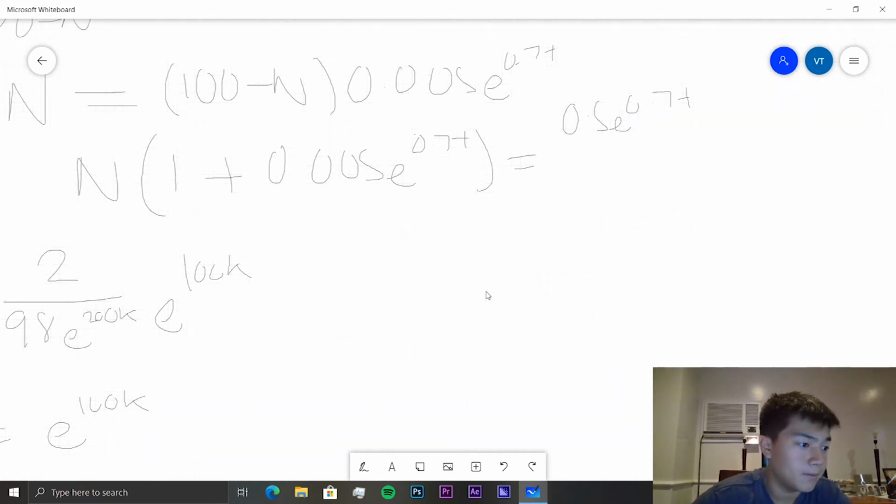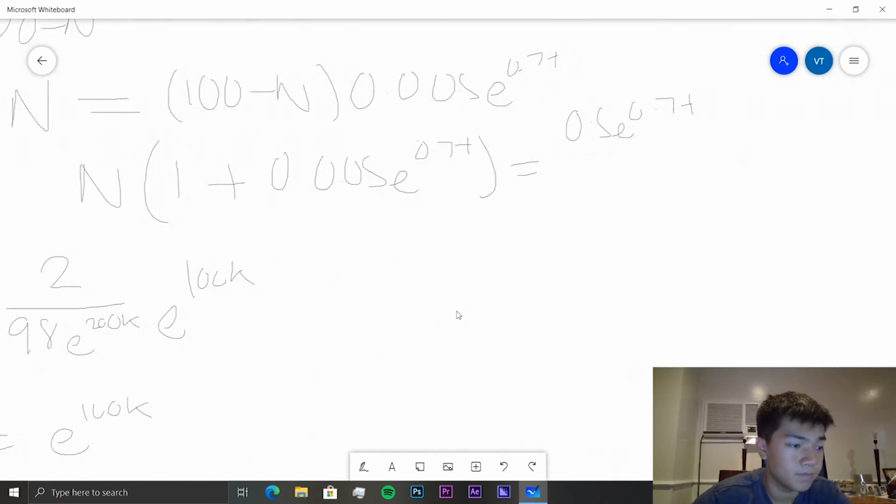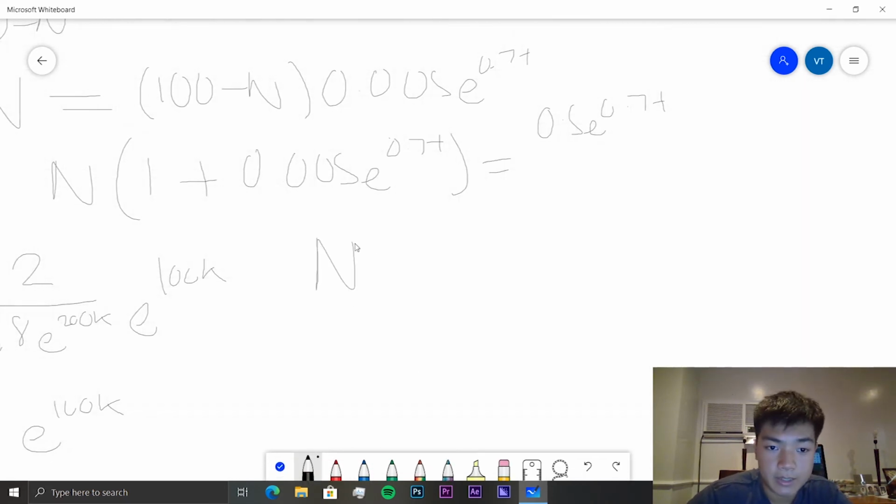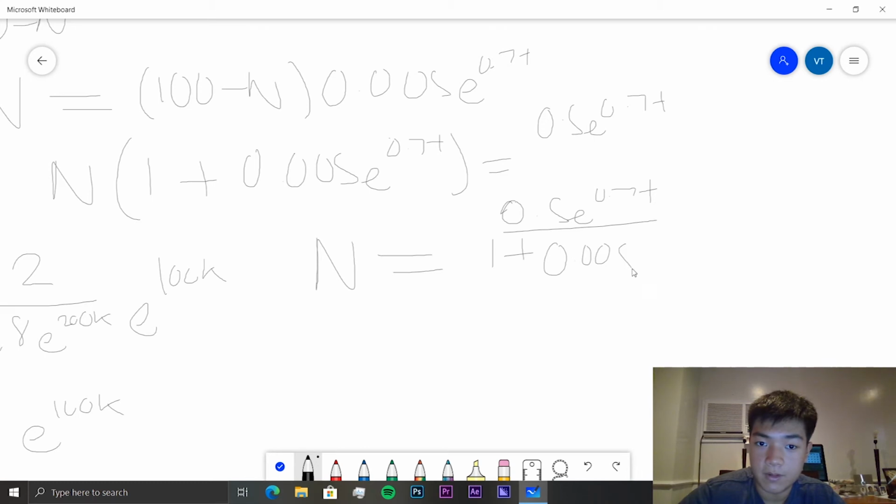So n is equal to 0.5 e to the 0.7t over 1 plus 0.005 e to the 0.7t.